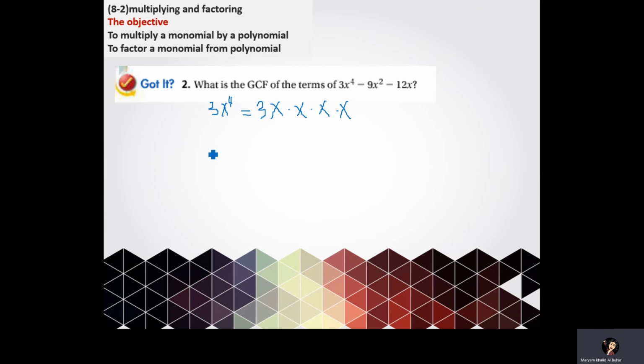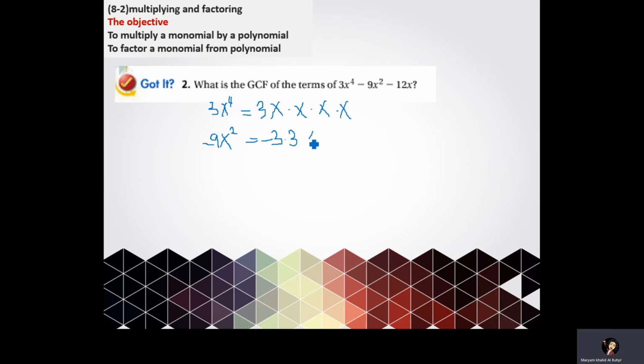Then minus 9x to the power 2, which equals negative 9. I can rewrite it as 3 times 3.